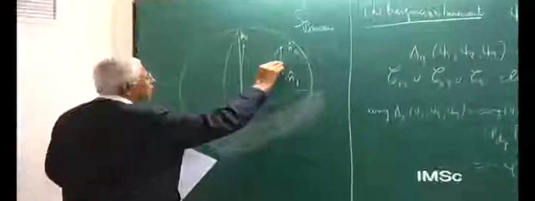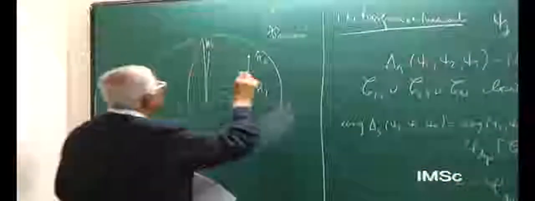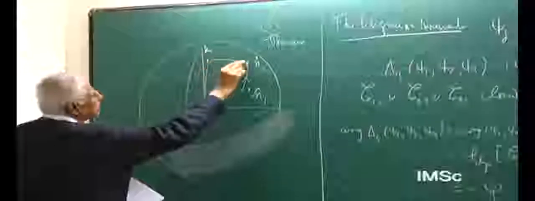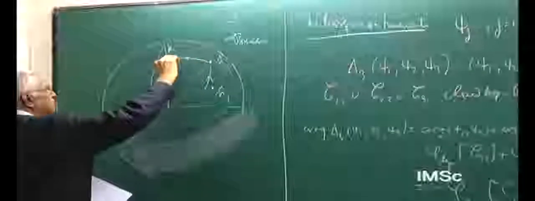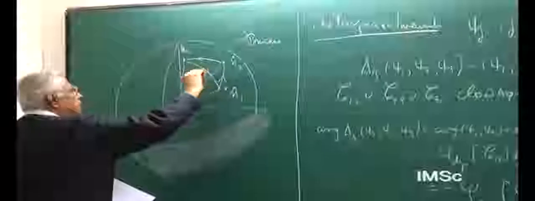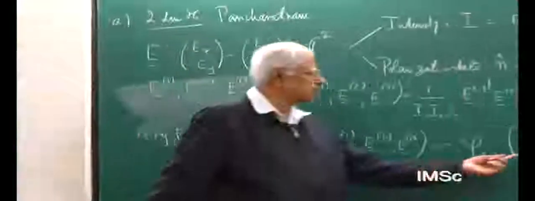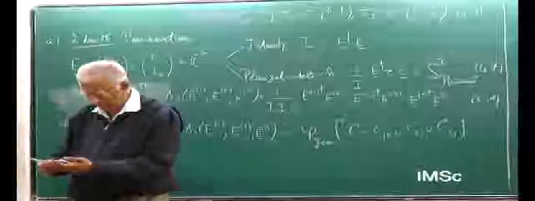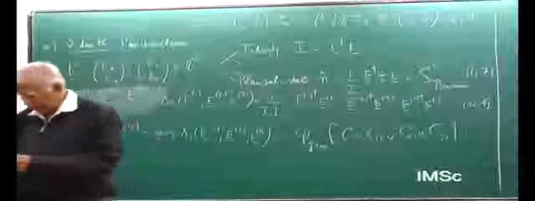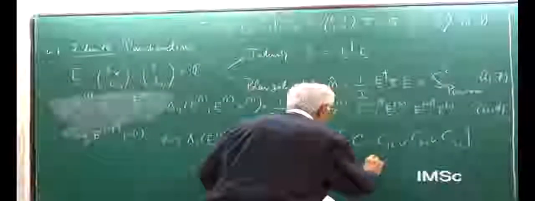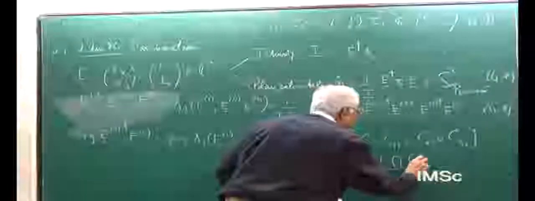So this would be the geodesic C12, this would be the geodesic C23, and this would be the geodesic C31. And therefore, this is a spherical triangle of which we want the geometric phase in this example. And this is now a matter of calculation, which is not very difficult. I just want to give you the result.